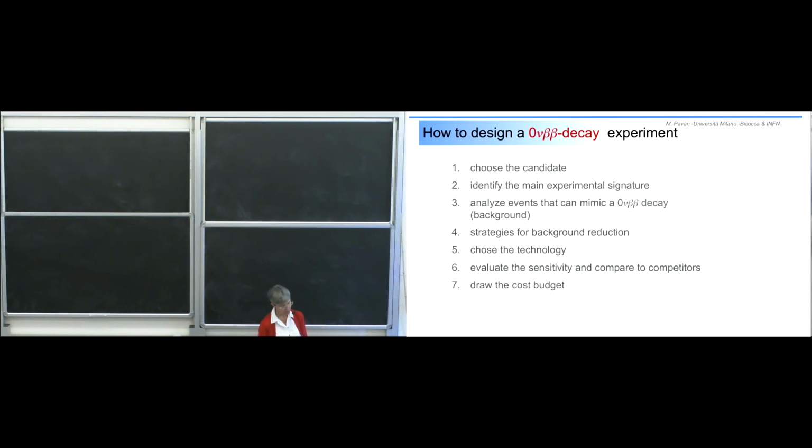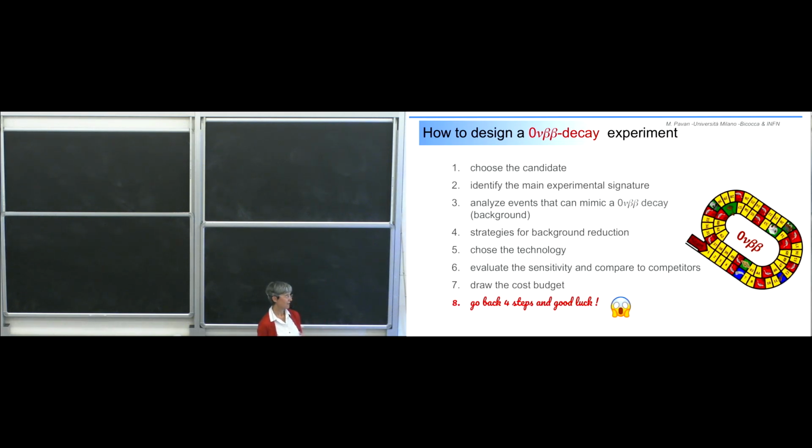And before that, you have to be aware that maybe that is our life as experimentalists, that is like the goose game, and in some of these steps we will find a showstopper, and then we have to go back and design your experiment again.